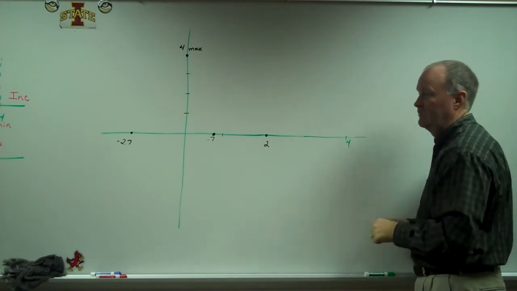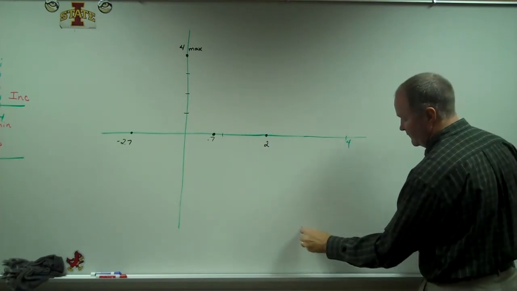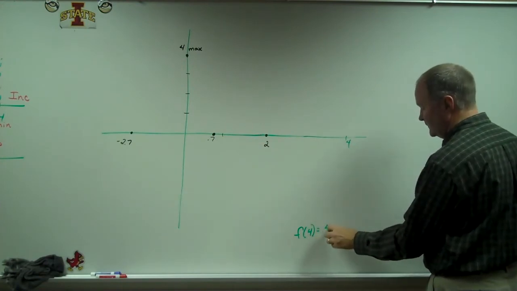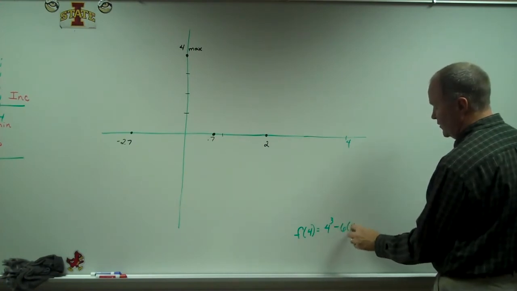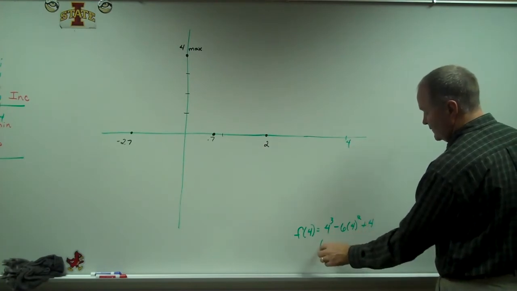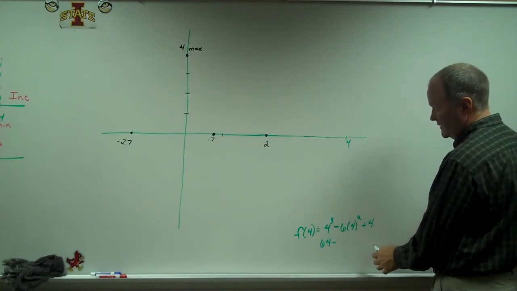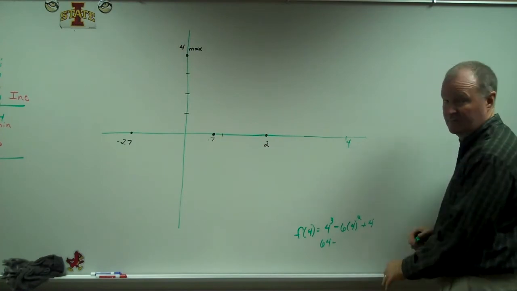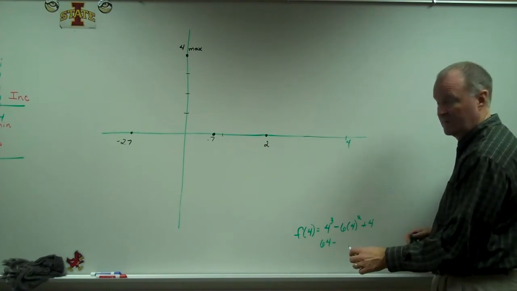No. I got to plug 4 into the original problem, and this gets fairly large. 4 cubed minus 6 times 4 squared plus 4. 64 minus 16 times 6. About 52? 72, right? 16 times 6? Yeah, 96. I was close, wasn't I?